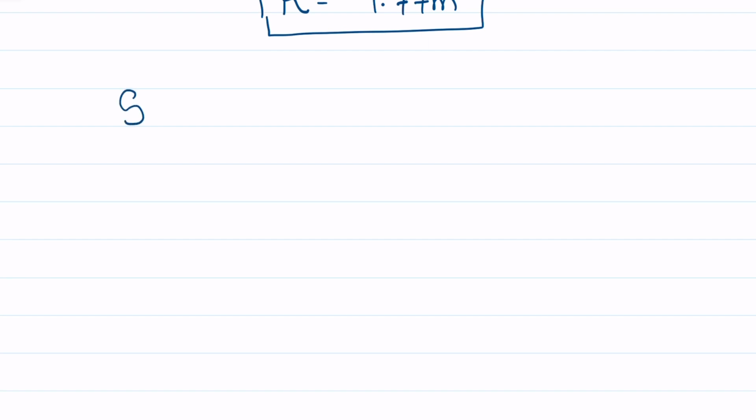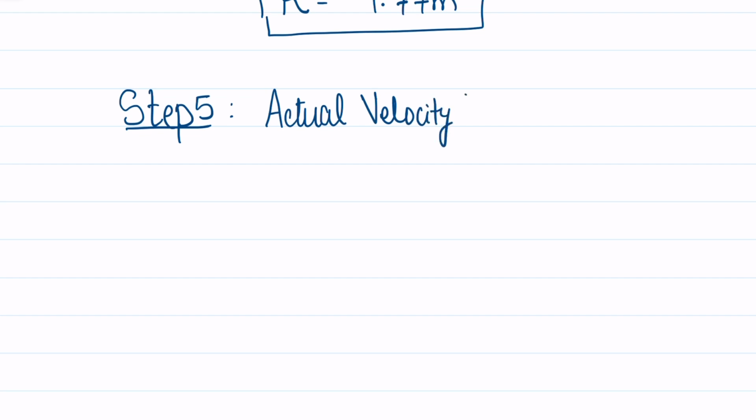Now in step 5, we have to find out the actual velocity v, and we are going to use Kutter's equation.